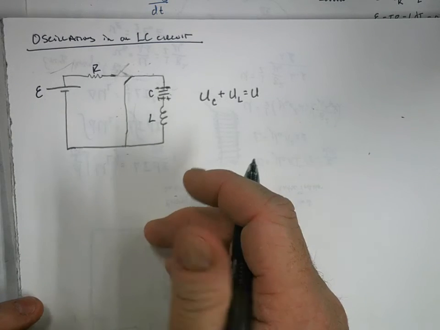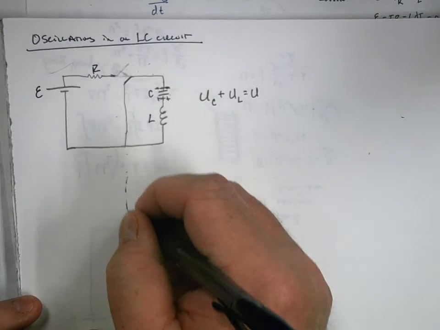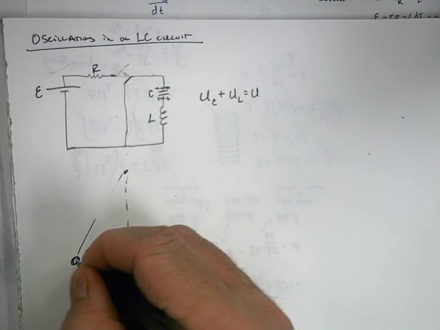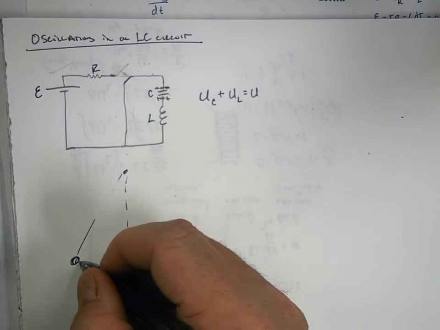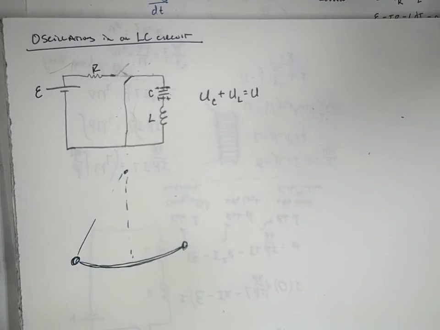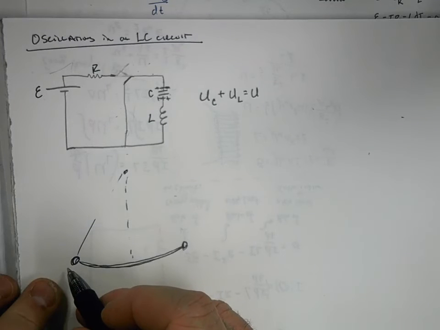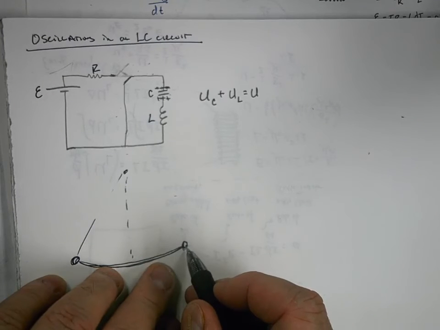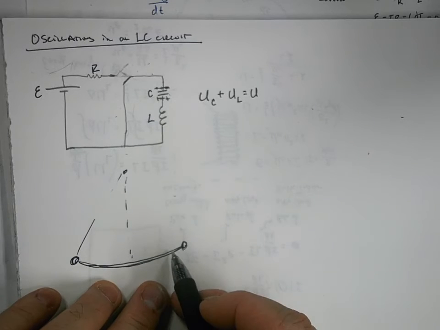You have seen this behavior before. Okay, so all the energy is stored in one place. Then when it gets down here, it's stored in the other. When it gets over here, it's stored in the other place. Potential energy, kinetic energy, potential energy, right?